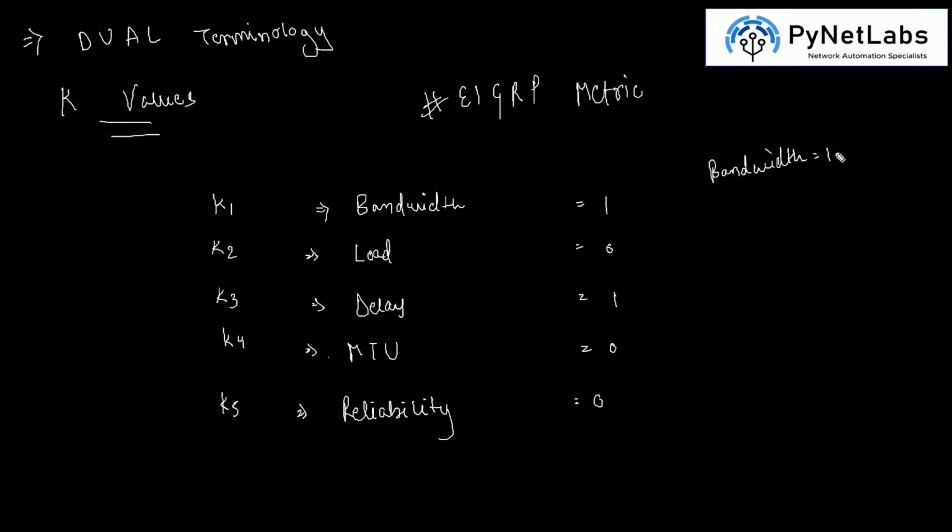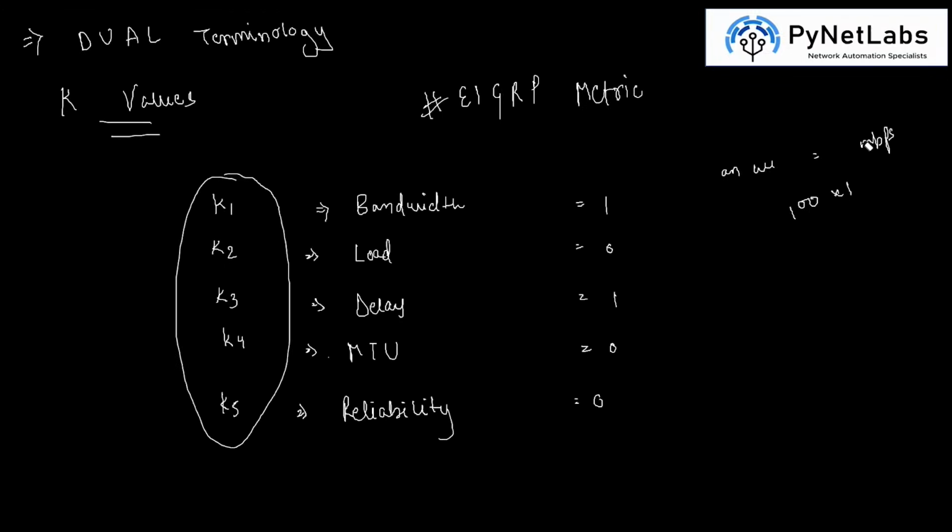However, it means that let's say you have a bandwidth of 100 Mbps, so it will be considered as 100 into 1. So this is something which 1 and 0 denotes. Then after this, we have a formula to understand the metric of EIGRP, in which these K values are being used.